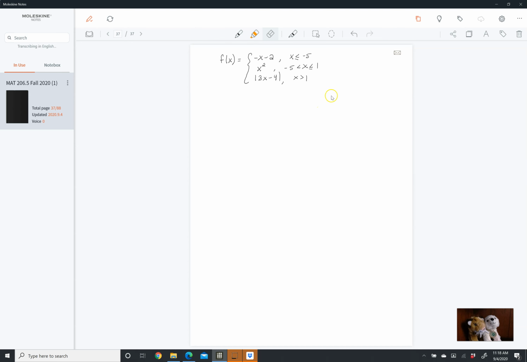So keep in mind, notice that these numbers match, right? We have 2 walls here. And this becomes important when we start graphing. One wall is at 1, the other wall is at negative 5. This tells us our walls. Remember that the walls are when one function ends and another begins. So the top function ends at negative 5, and then we start doing x squared.